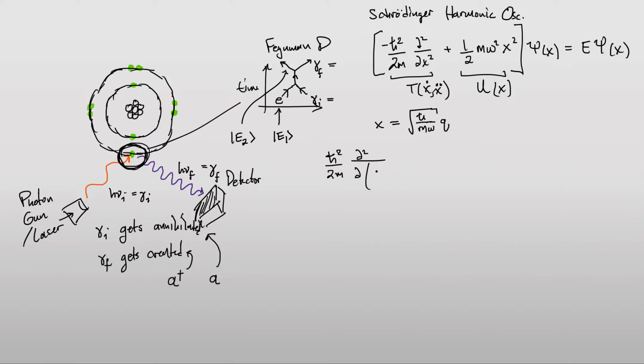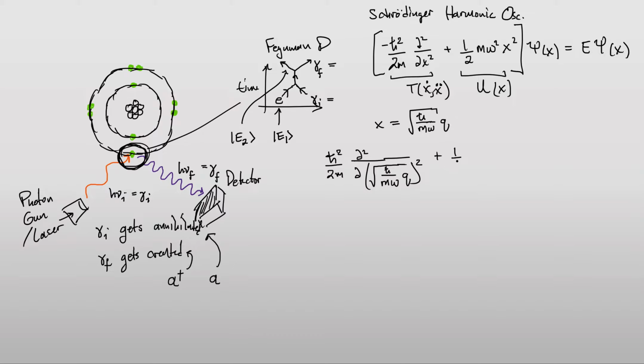So this is a reparameterization with these constants out in front. So we have h bar squared over m, or not 2m, oops, over m omega, so that's going to be m omega q, squared, plus our potential part.